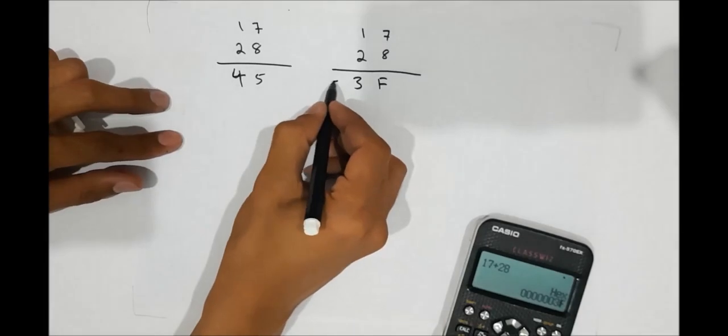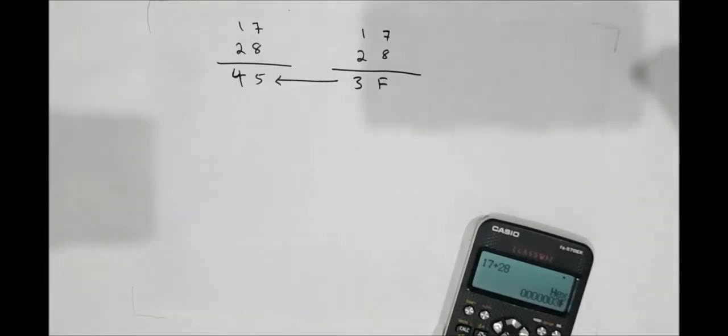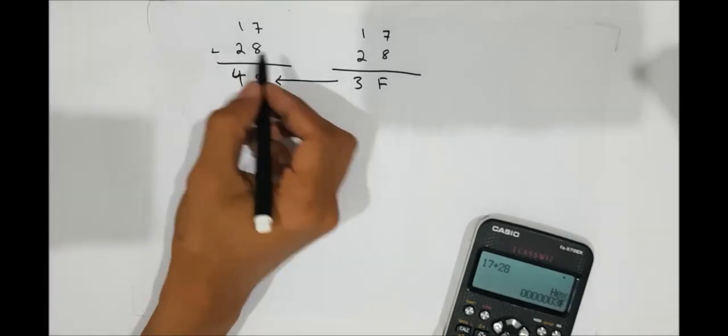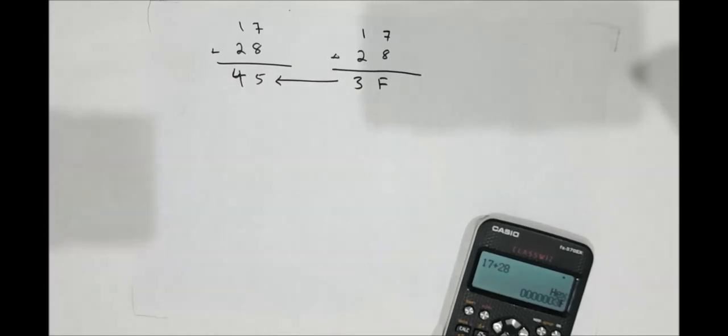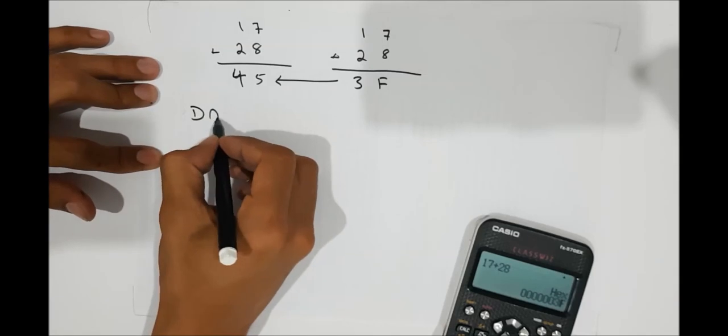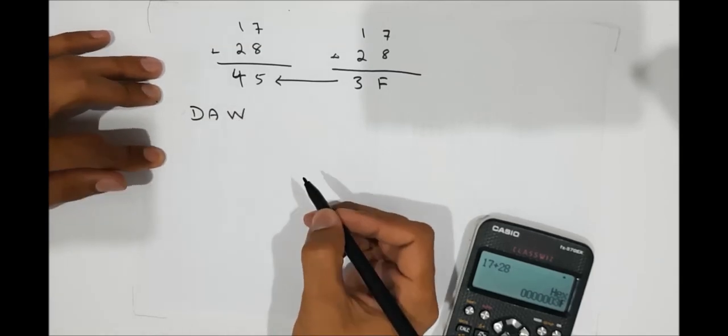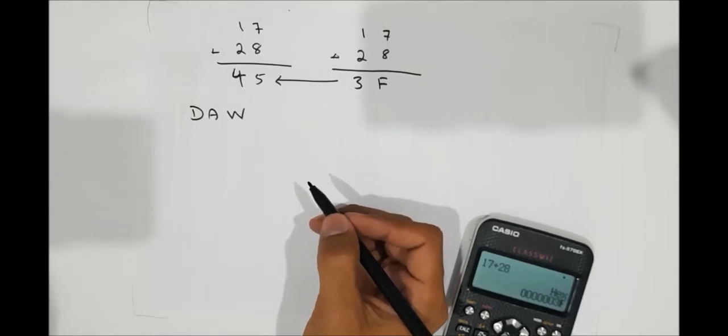We have to convert this 3F to 45. That can be done using a single command. There are certain rules if that command does not exist, but that command already takes care of all those rules, and that command is DAW, decimal adjust working register.